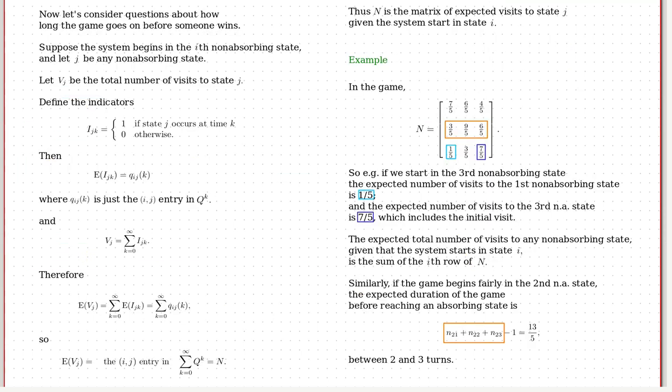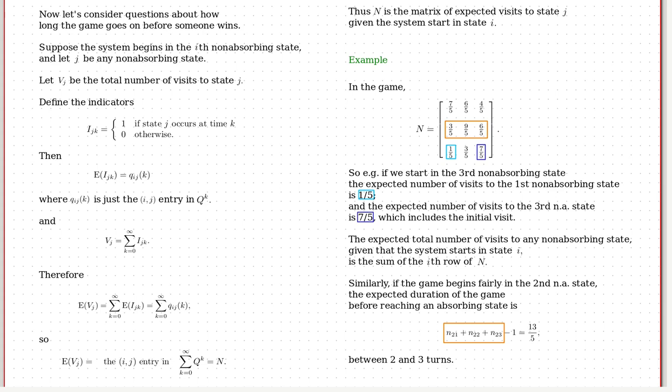Now, the other type of question we can answer is questions about waiting times. How long do we have to wait until the system reaches one of the absorbing states? So we answer these questions by phrasing it in terms of the number of visits the system makes to non-absorbing states.